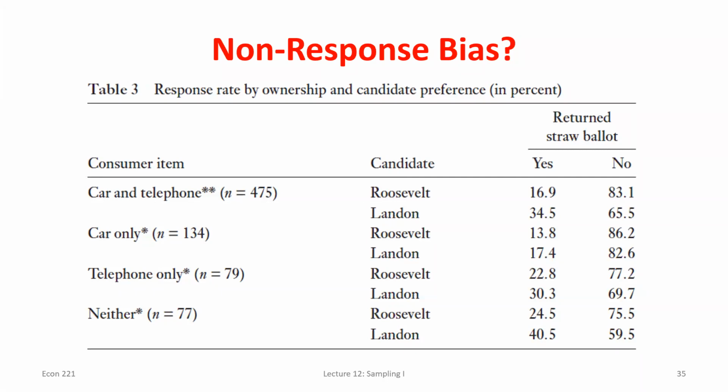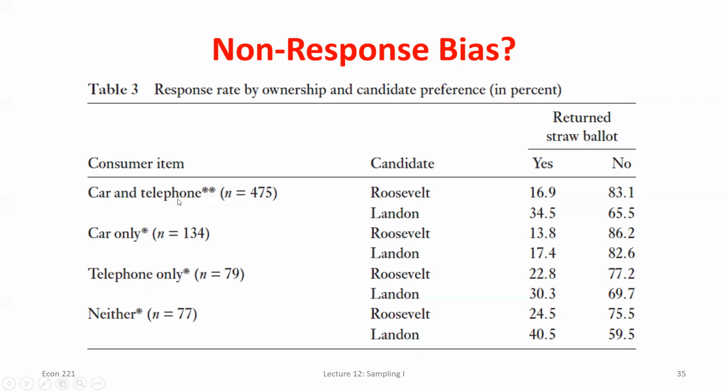I forget their exact explanation. It has something to do with income being related to this. If you're from lower income groups, you might be less likely to respond to surveys, or the Literary Digest was viewed as having a certain political leaning, and if I'm on the opposite end, I might be less likely to send my survey back as well.